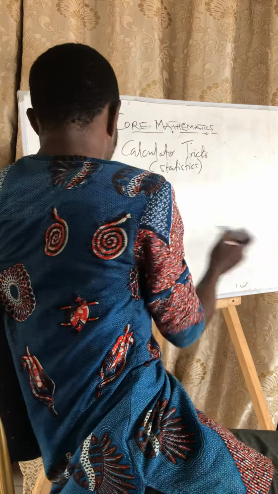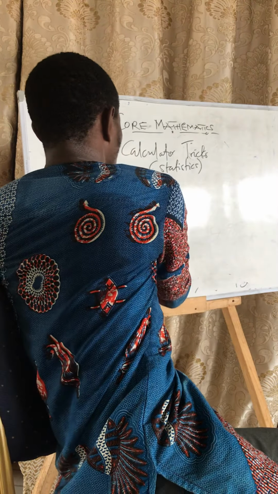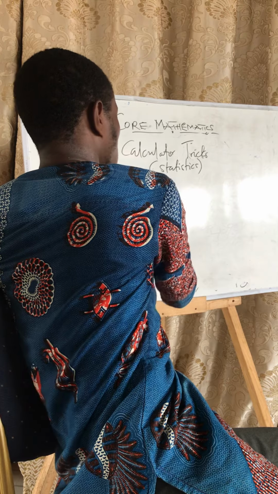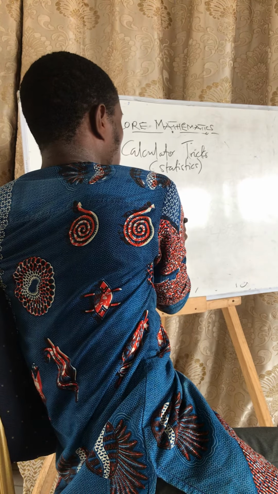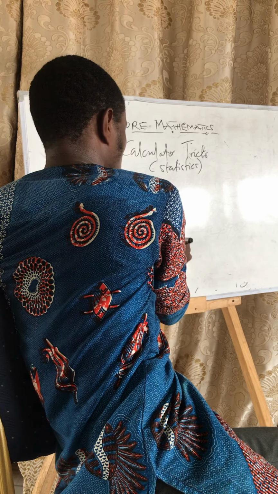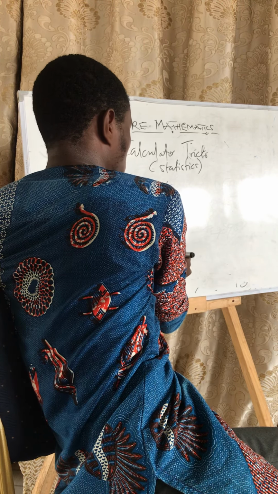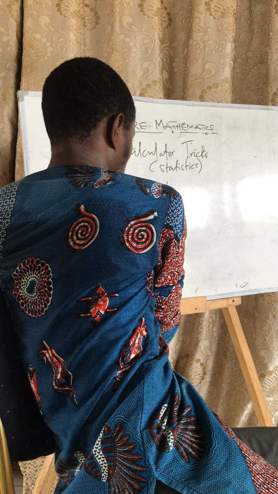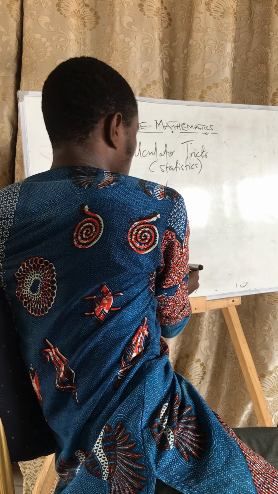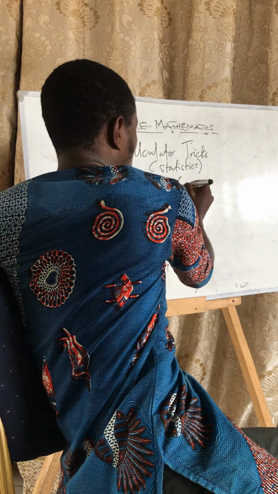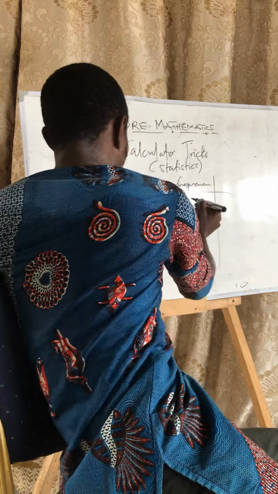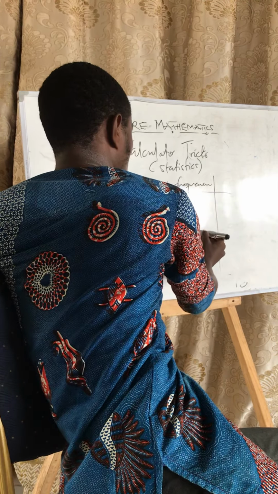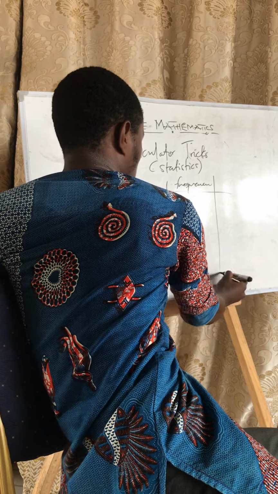So assuming I give you something like ages. So age of a class. So it ranges from 4 to 9, 10 to 14, 15 to say 19, then 20 to 24, and 25 to 29. And this is the frequency. I give you 5, 7, 8, 10, and 12.